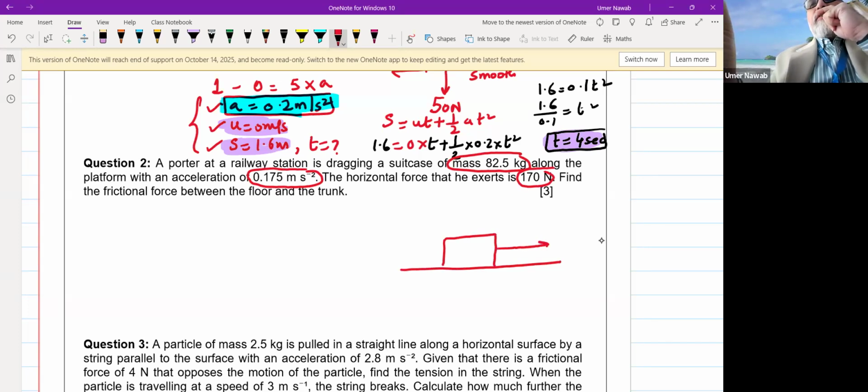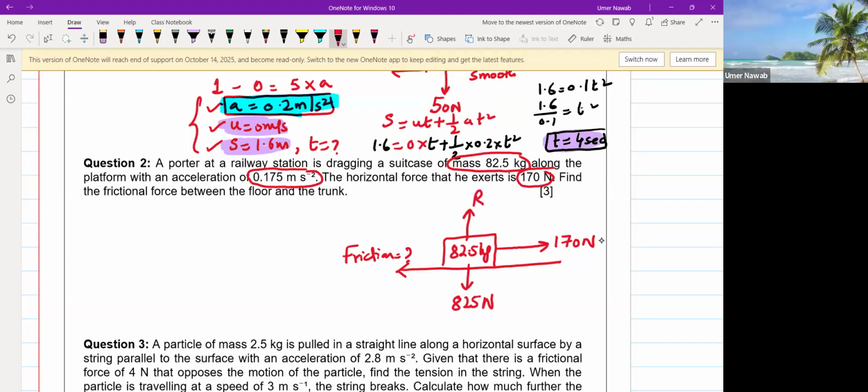He's applying the horizontal force of 170 newtons. Friction is there, but friction is required. Mass is 82.5 kgs, so 825 newtons weight. Normal reaction is R. We don't need it, but Newton's third law says reaction is equal to 825.